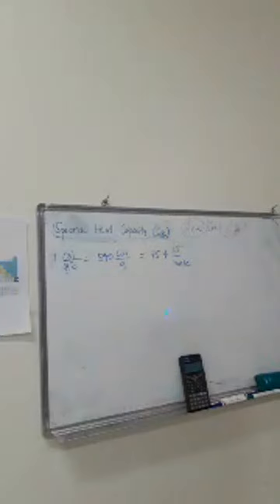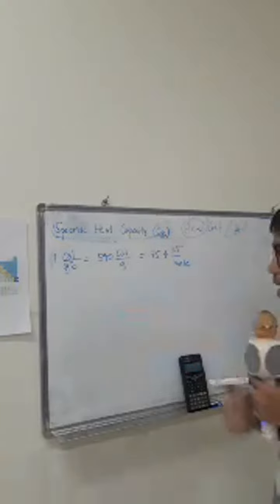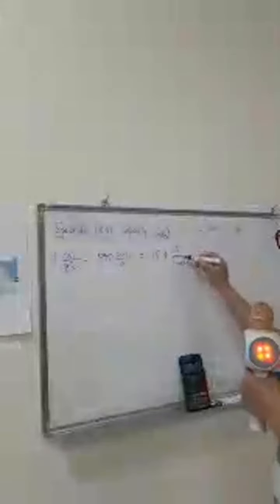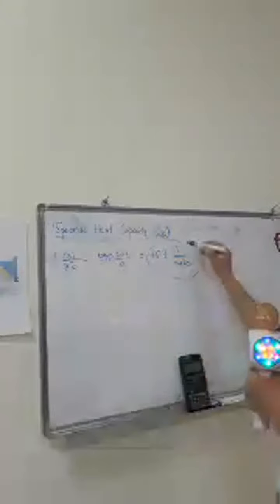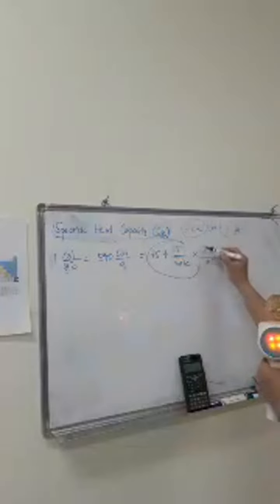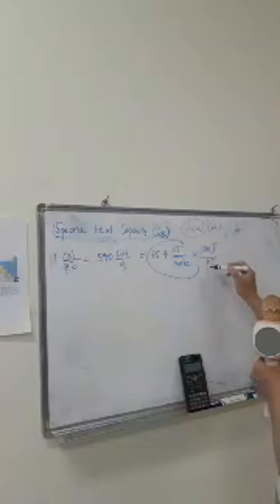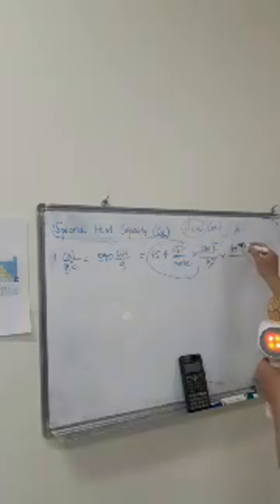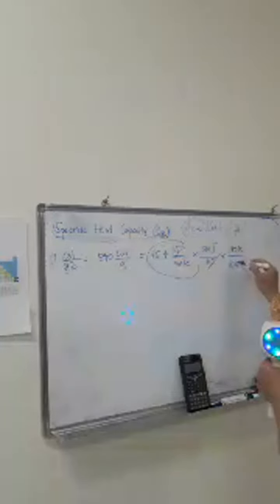If you want to get grams, you use this conversion. Bring the molecular weight into the 75.4. 1 kilojoule equals 1,000 joules, and the molecular weight is 18.016 grams.